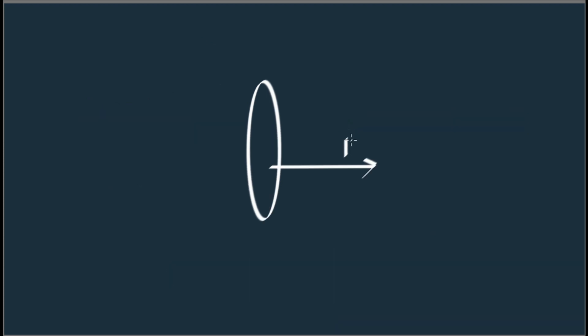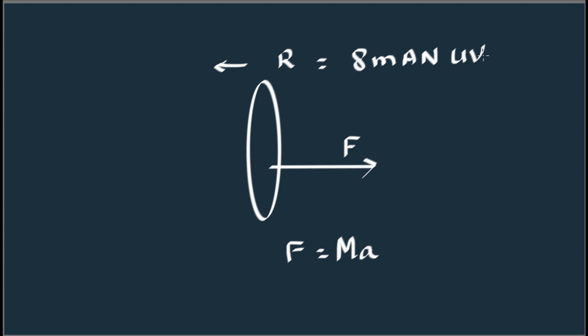Let's ask the question, what happens if I exert a constant force F in order to keep the disk moving? So if the disk starts from rest, F is equal to mass of the disk times its acceleration. So it accelerates to the right, so it picks up speed, and as it picks up speed, the resisting force R increases, which is 8m a n uv.